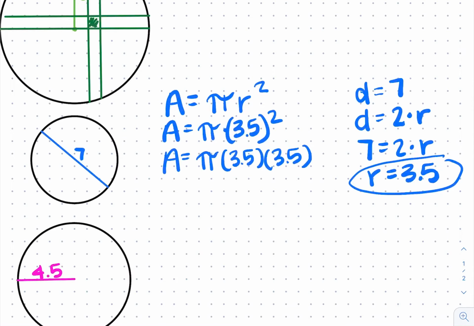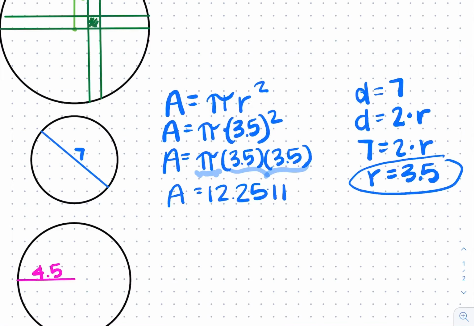And the text tells you to find the exact answer for that. So what that means is we're going to keep our pi, and then we're just going to find this answer. 3.5 squared, or 3.5 times 3.5, is 12.25, or 12 and 25 hundredths. And we're just going to bring that pi down.